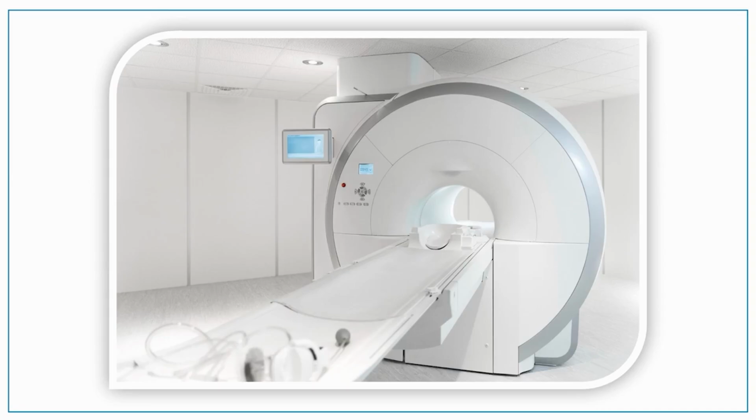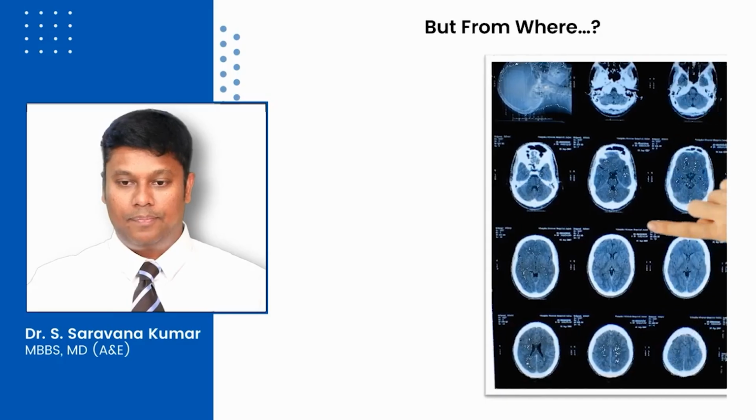In simple terms, the scan is done from below upwards. This point is very important to remember, because when you read a CT scan, you are actually going to see the parts of the brain in the reverse direction, not from top to down but bottom upwards. This is an important point for us to learn.